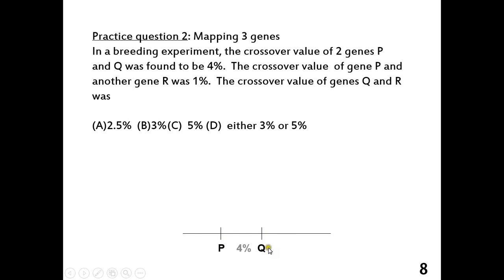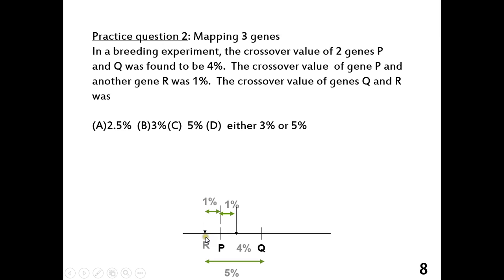P and Q were 4% apart, so you will plot 4% as the map distance. They mentioned that the crossover value of gene P and gene R was 1%. Because the crossover frequency indicates the magnitude but not the direction, it is possible for gene R to be located either to the left of P or to the right of P, as indicated in this diagram.